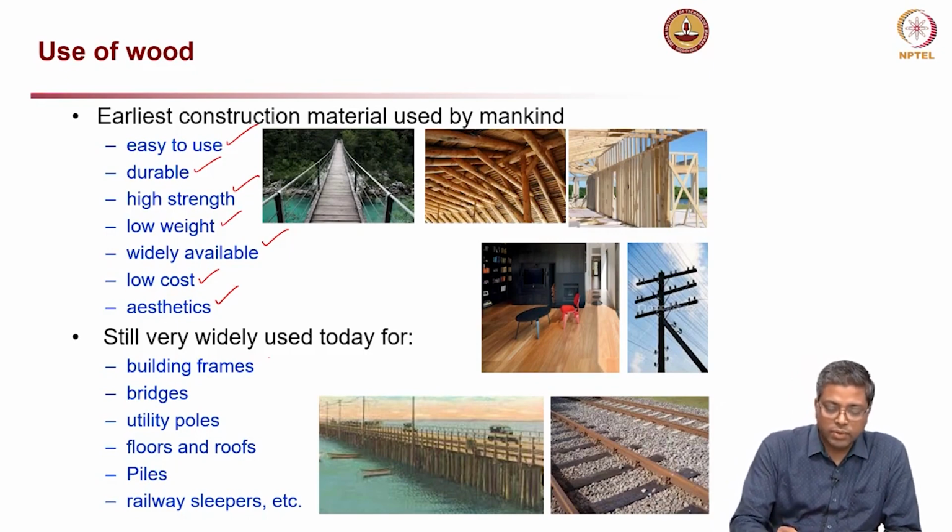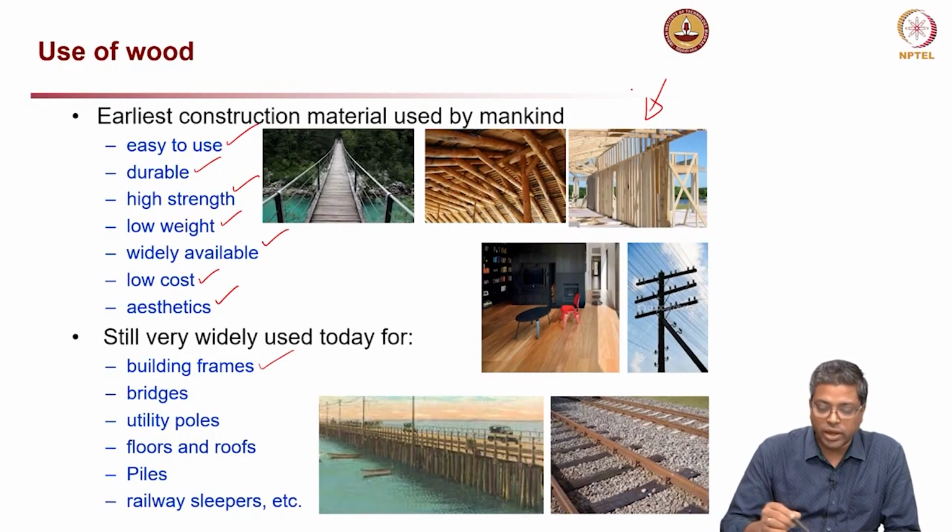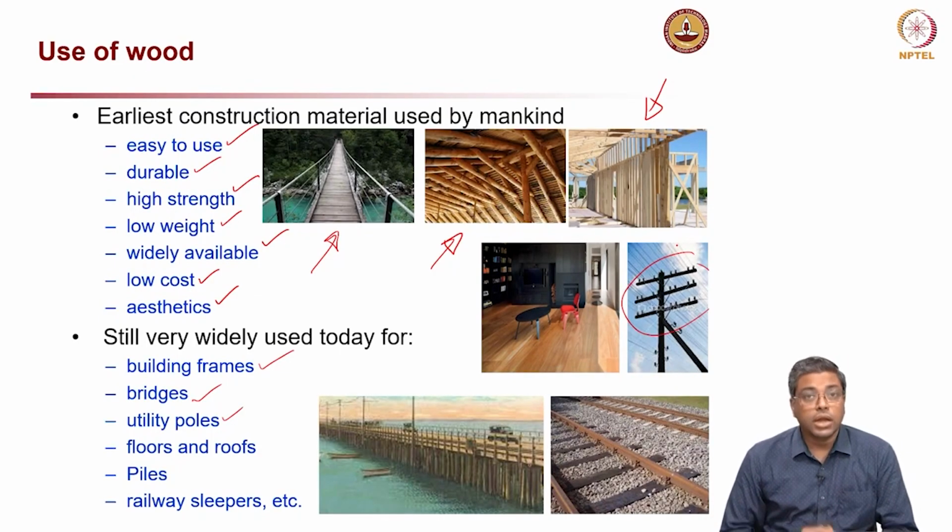Now, it is still very widely used for building frames. You can see the picture on the top right corner here, a building frame, and here another, and then bridges also, then utility poles, like electrical lines etc. Nowadays we are seeing more and more of these wood or timber products being replaced.